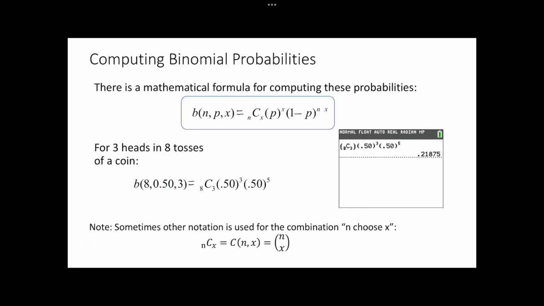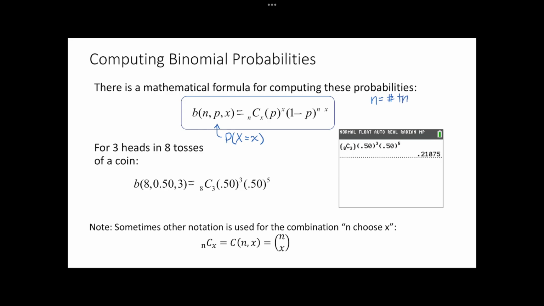You can also compute binomial probabilities with a formula by hand without the calculator. So here is the formula. We're going to write B(n, p, x). This is the probability that big X is equal to little x when we have n trials and a probability p of success.